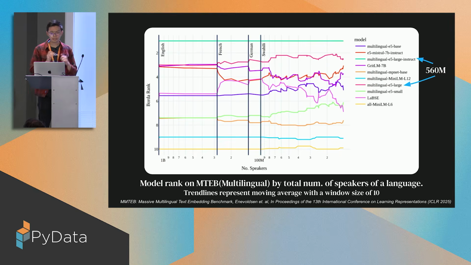And let's zoom out a tiny bit. It also reveals some notable performance gaps in mid-resource languages. So if you look at French, to the right of French, essentially, when there are fewer than 300 million speakers, we see that the multilingual 7 billion models start to be outperformed by much smaller models that are around 500 million parameters.